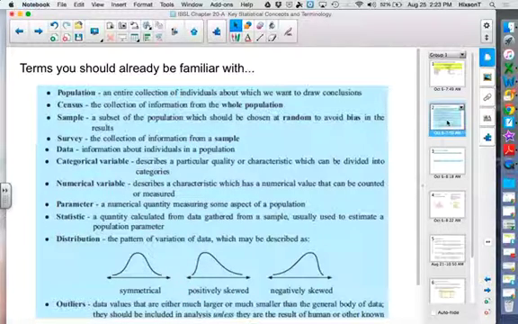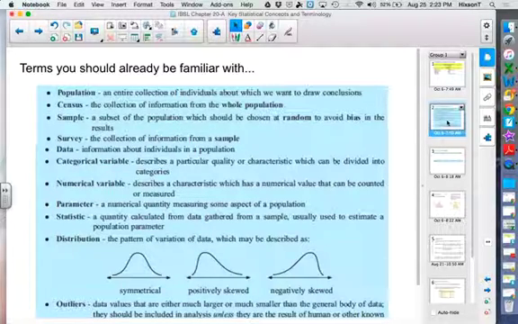If we wanted to use the school to represent other high school students, then all the high school students would be our population. The ones in this school would simply be a sample. Okay? A sample is a subset of the population.